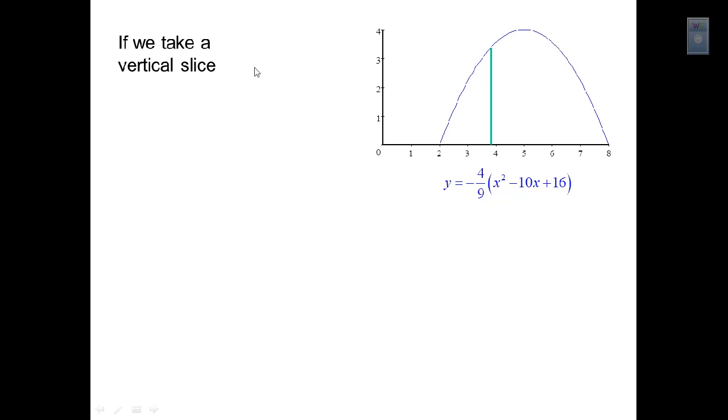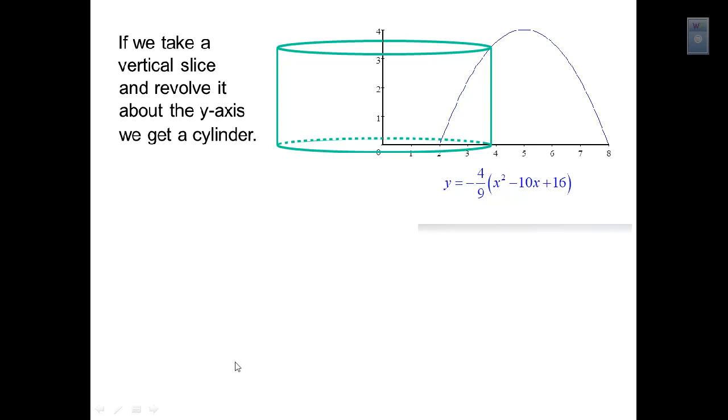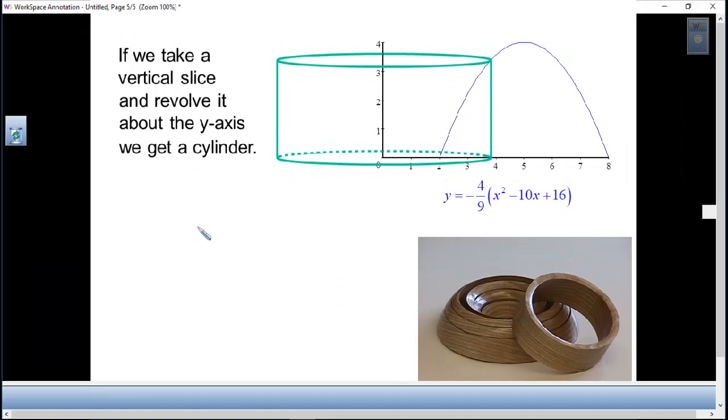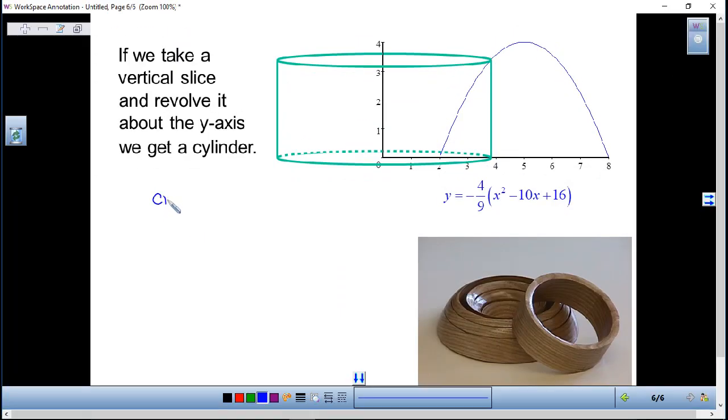So then we've got our circle to get our tube or cylinder, whichever one you want to call it. Just know that it's hollow. And then we can calculate what everything's going to be. So we know we need the circumference, which is 2 pi r.